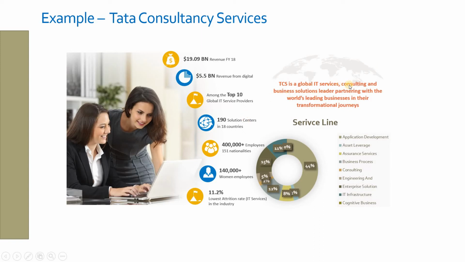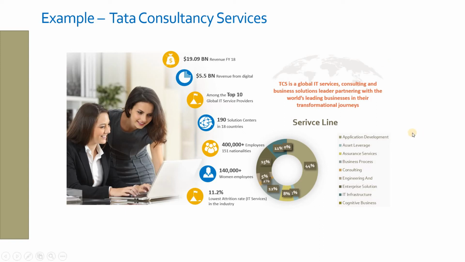TCS is a global IT services and consulting business solutions leader, partnering with the world's leading businesses in their transformation journeys. So because I put in the world map, and they also relate with these codes, always use related things. Okay, a global IT services company, so I put in the global map of the world.